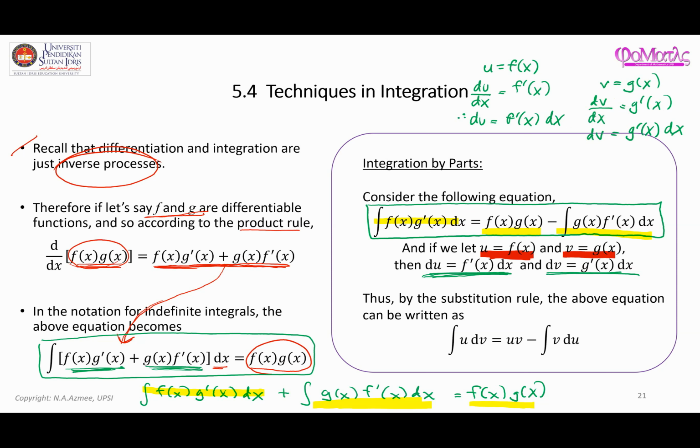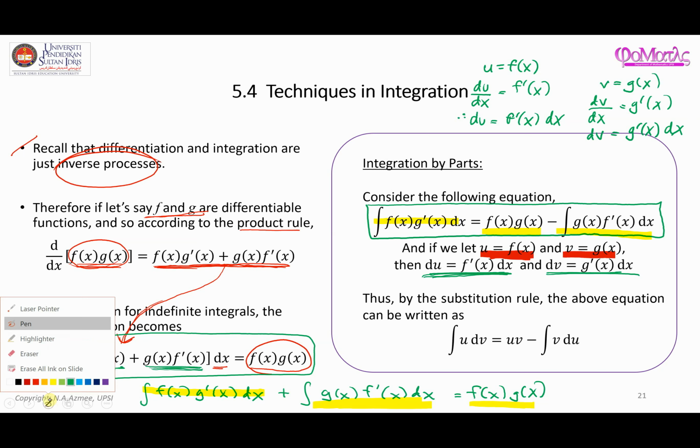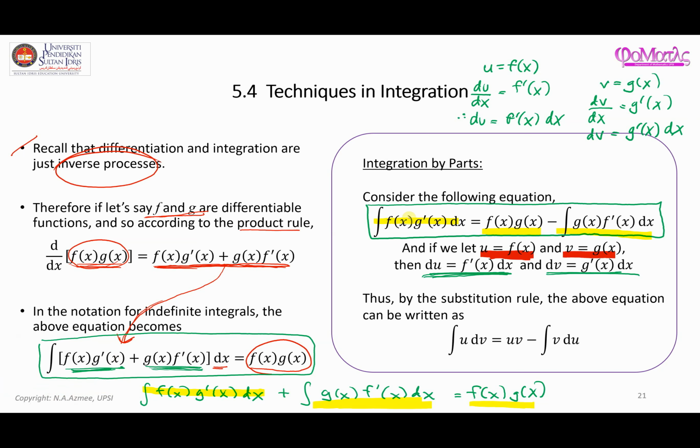By the substitution rule, this one can be represented as u, and g'(x) dx can be represented by dv. So here you have u dv, and for this part, you have u times v, and this one is v, and f'(x) dx is just equal to du.